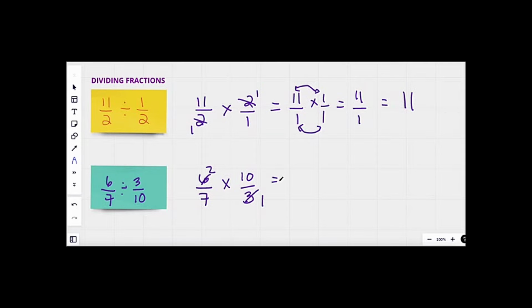Okay, so let's rewrite now our fractions. This becomes 2 over 7 times 10 over 1. And now we're ready to multiply. We multiply the top times the top, the bottom times the bottom, which becomes 20 over 7.